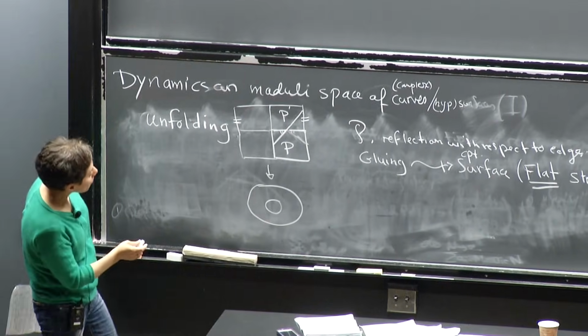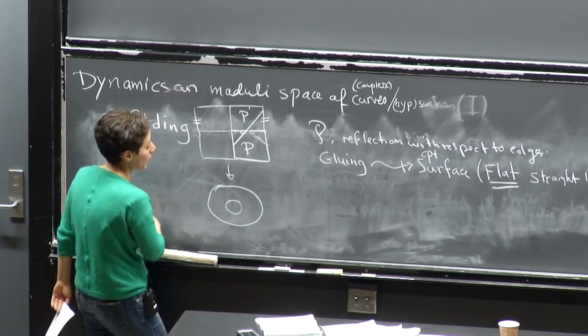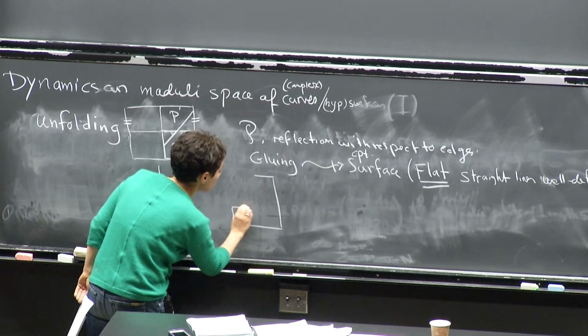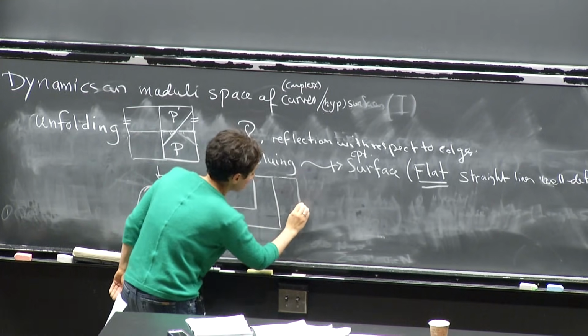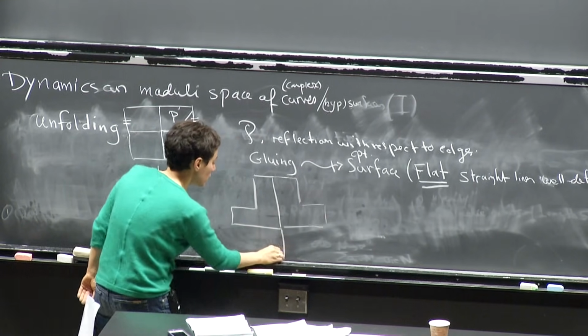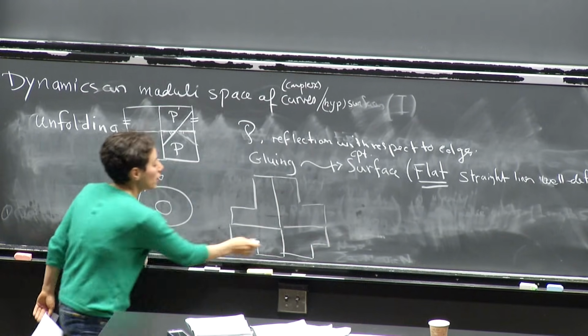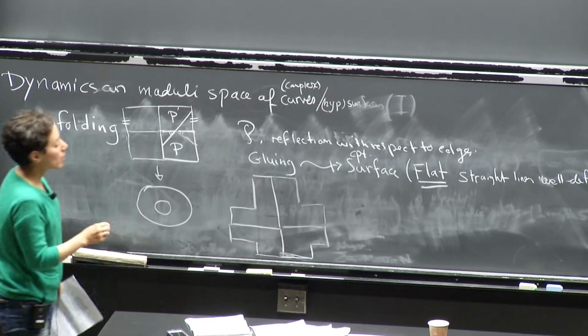So from P you get this guy, but if you do it for a more complicated billiard, you put these next to each other, and then glue.